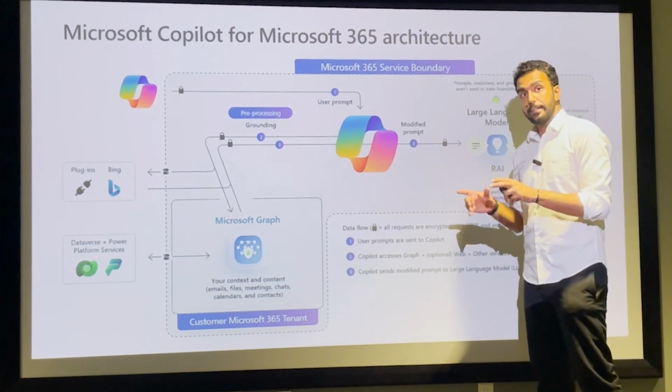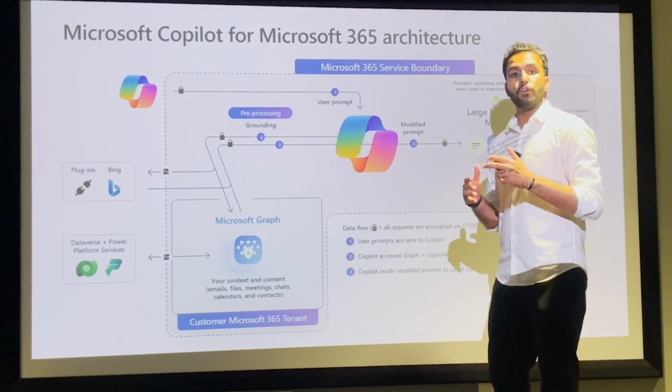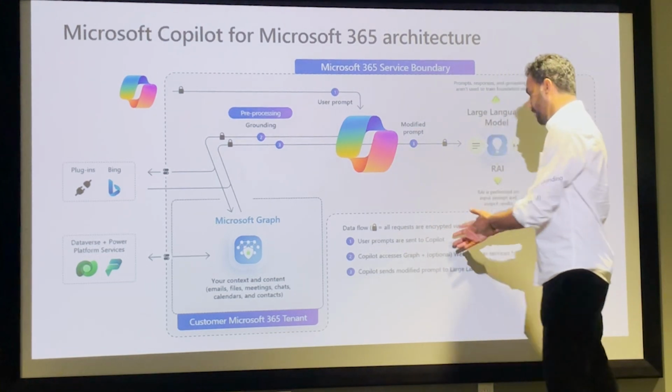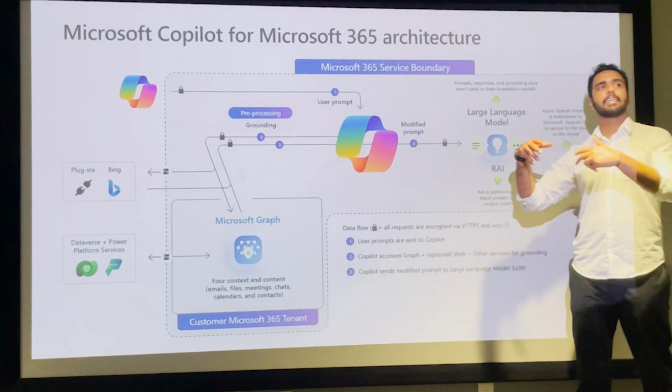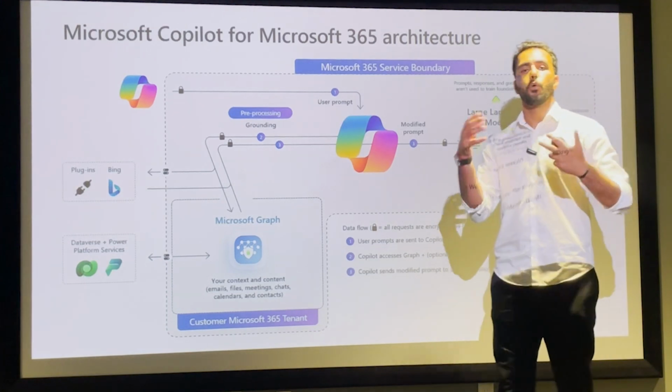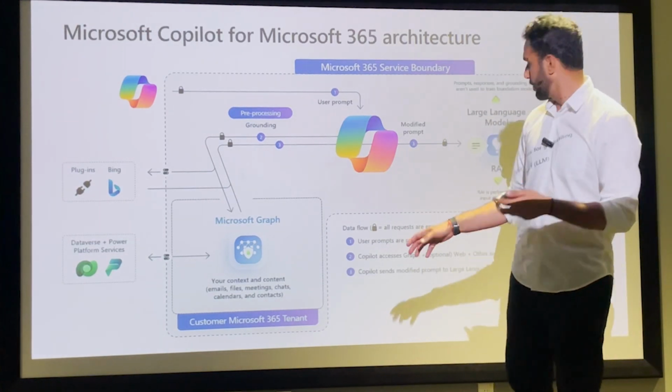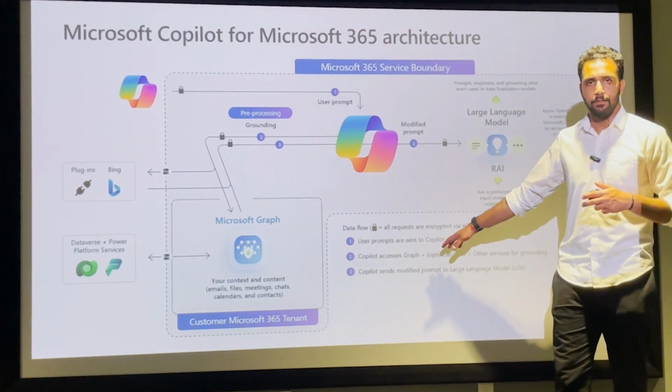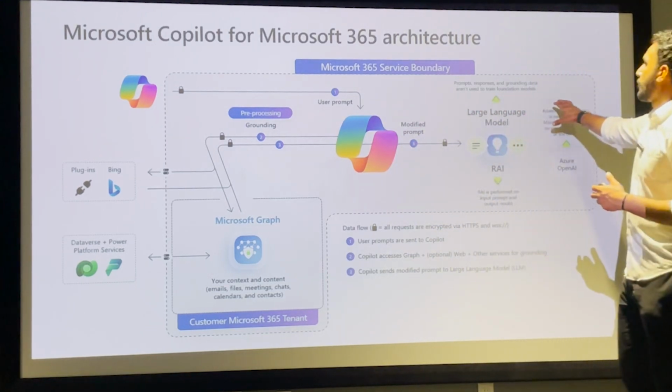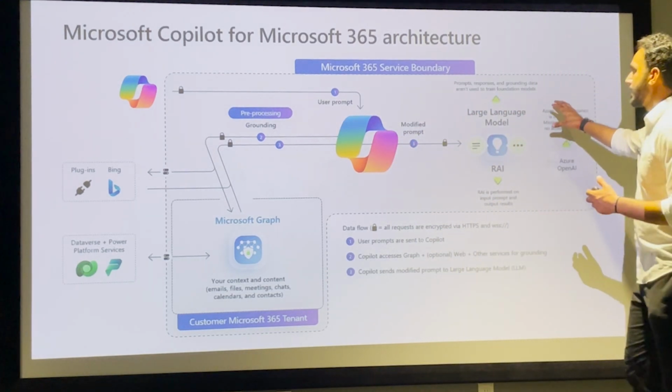So your data, before it even goes to the LLM, most of the process is already done. The searching, the idea of looking for things, locating them, adding some context to it, Copilot has already done that. Then that information would move into the large language model.